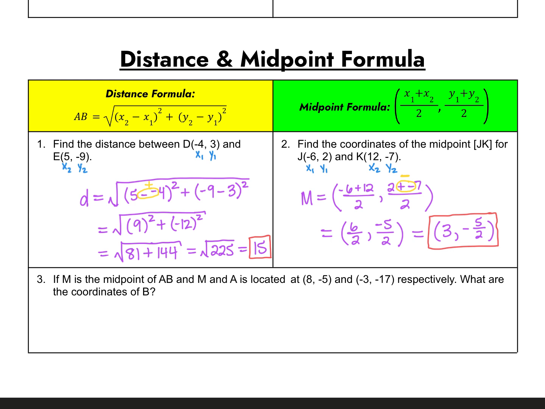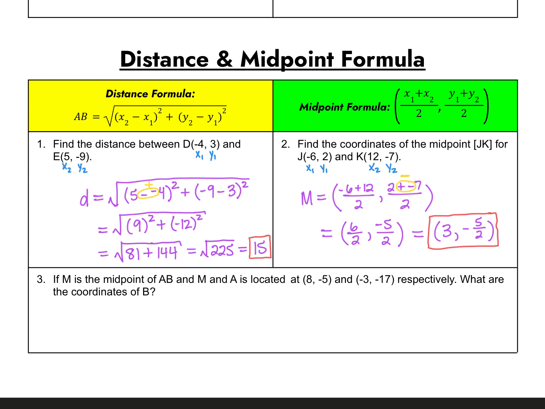All right. Last but not least, if M is the midpoint of AB, and M and A are located at (8, -5) and (-3, -17), respectively, what are the coordinates of B? So if we go based off of the midpoint formula, I know that if I add the two x values of my endpoints and divide by 2, it is going to give me the midpoint.